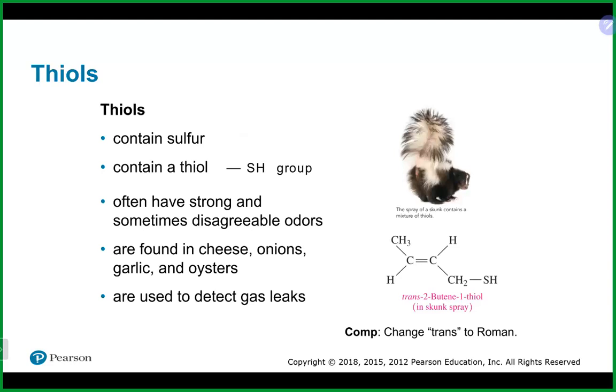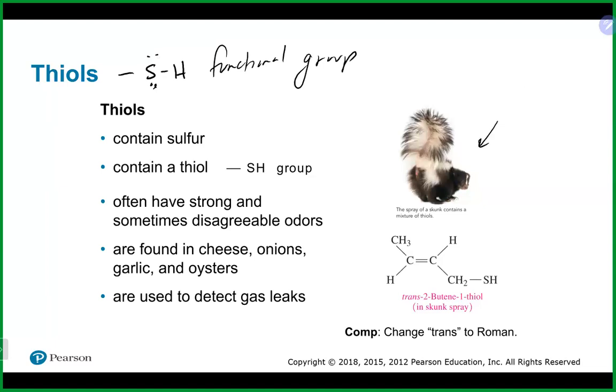All right, let's talk about the next organic group, which are thiols. Thiols are sulfur-containing groups. And this is the functional group here. If you ever have any experience with sulfur, sulfur doesn't smell so good.